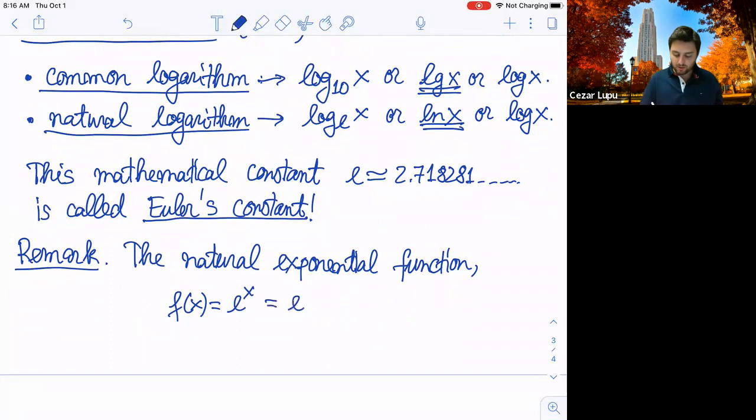Or sometimes we denote this by exp of x, so you will understand that this is e to the power x when I write it in this way. All right, so these are the two functions.